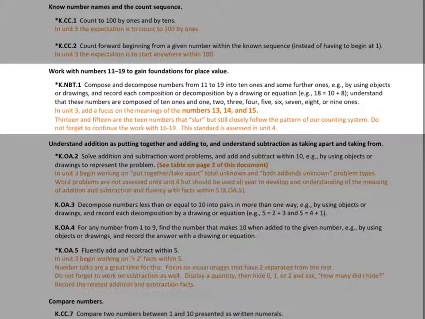In Unit 3, KMBT 1 focuses on developing an understanding of the teen numbers 13, 14, and 15. While it may be frustrating, students who count 10-1, 10-2, 10-3, or say 3-teen, 14, 15, are actually showing an understanding of the structure of our number system. And this might be helpful in developing the actual understanding of the meaning and composition of these numbers.